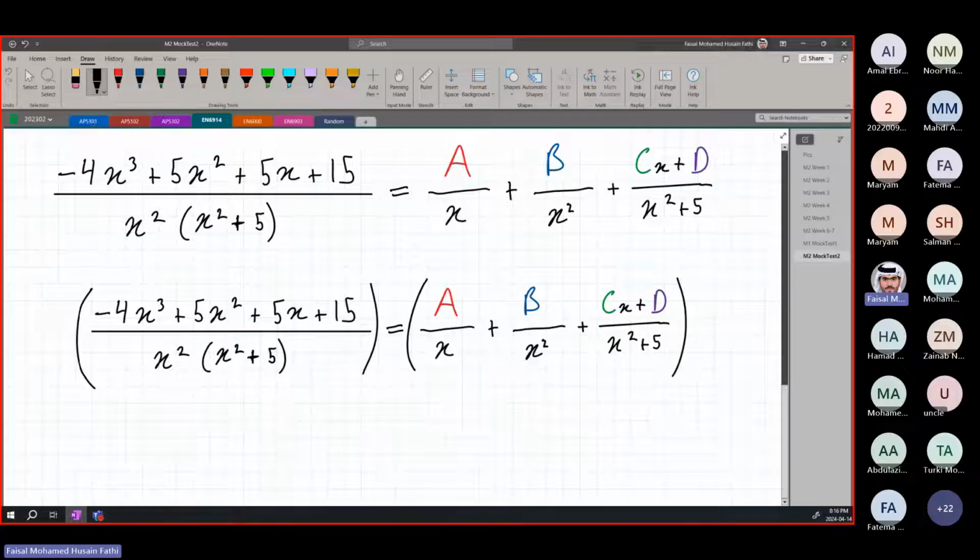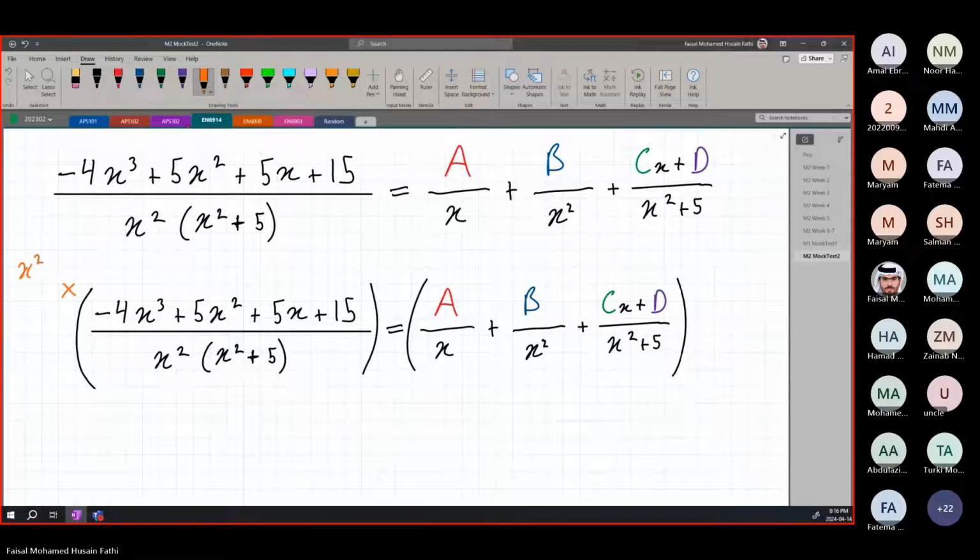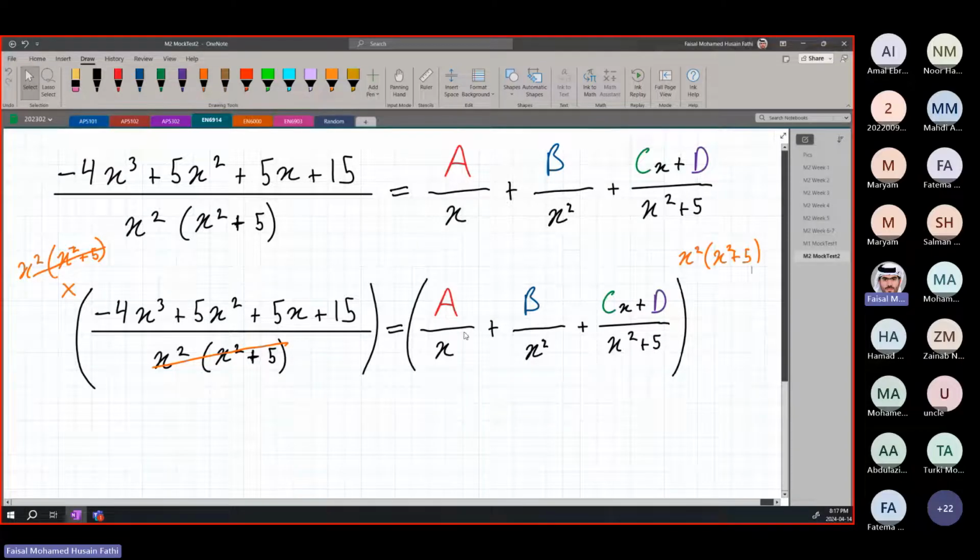So we're going to multiply here by x squared times x squared plus 5. The idea here is that this will cancel with this. The same thing, anything we do to the left, we have to do to the right. So x squared plus 5. Then we distribute this on the right side.